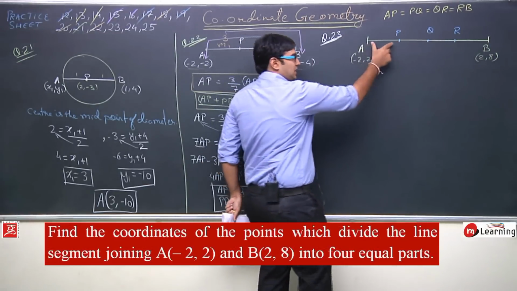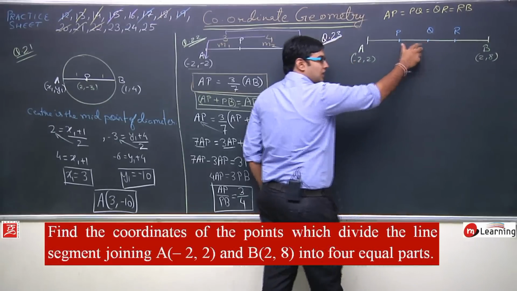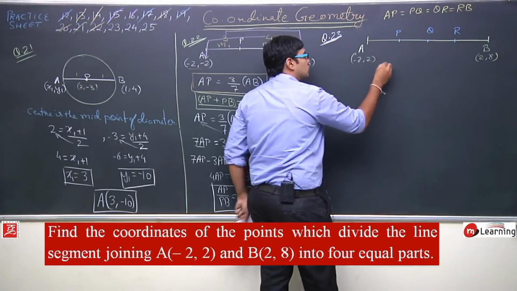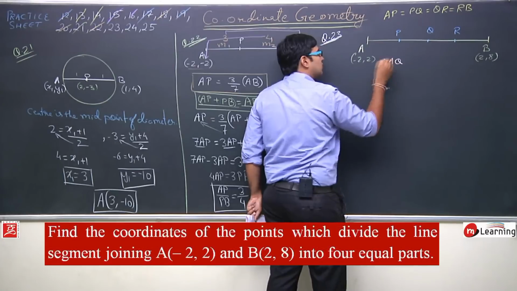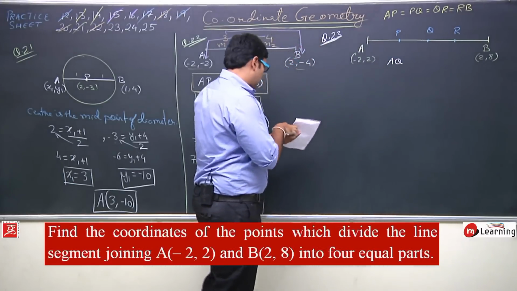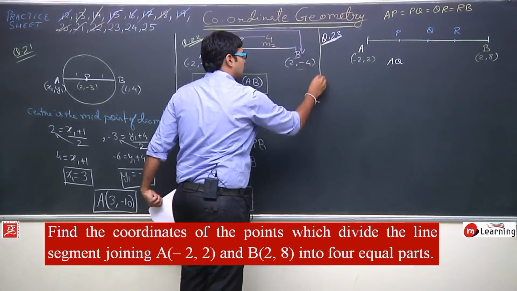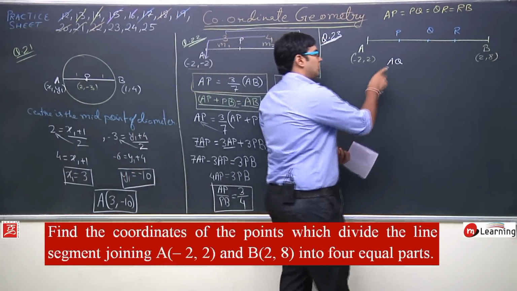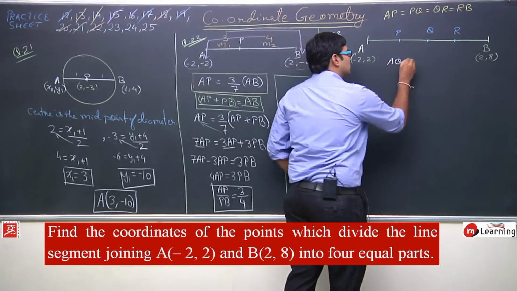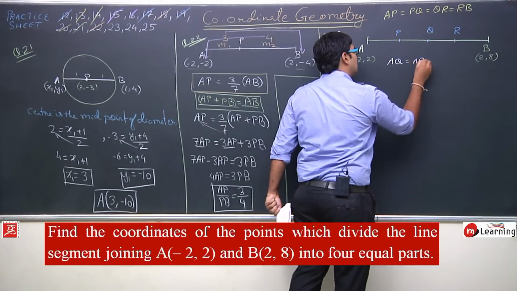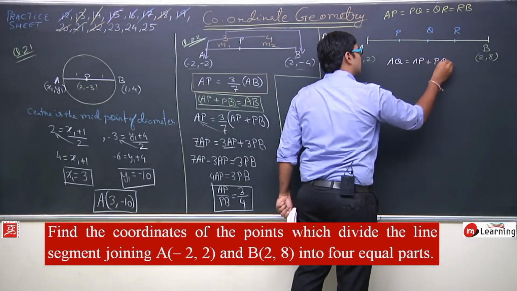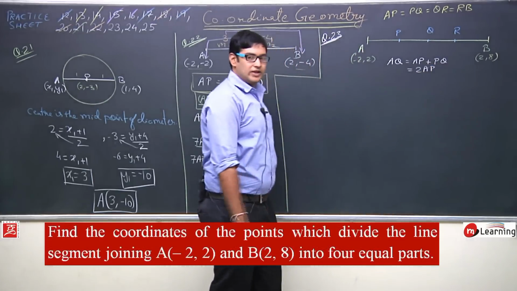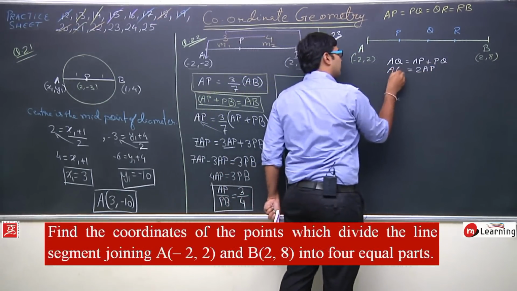Now if AP and PQ are equal, what will be the value of AQ? Value of AQ will be equals to AP plus PQ, which is equals to 2 times of AP. I can write AQ as 2 times of AP.